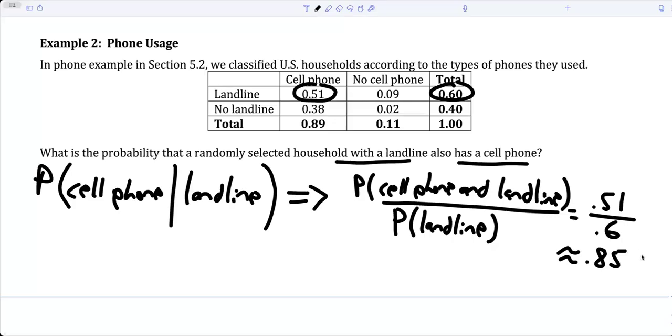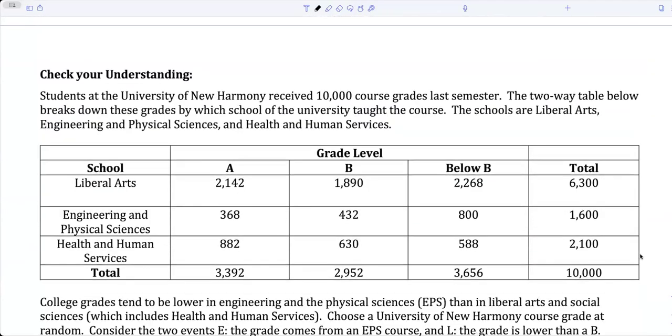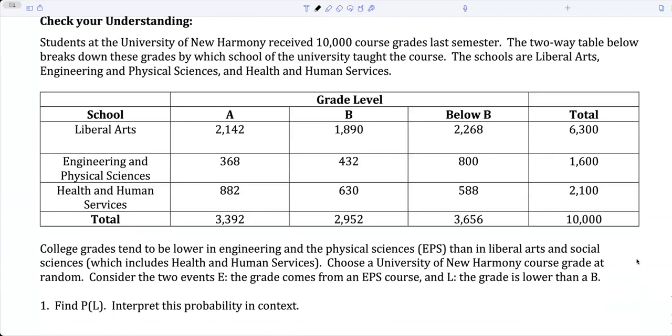So let's take a look at another example. Okay, and so it says, students at the University of New Harmony received 10,000 course grades last semester. The two-way table below breaks down these grades by which school of the university taught the course. The schools are liberal arts, engineering and physical sciences, and health and human services. Okay, college grades tend to be lower in engineering and the physical sciences than in liberal arts and social sciences.